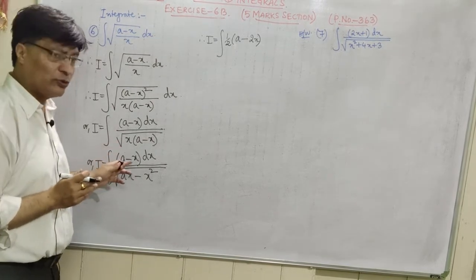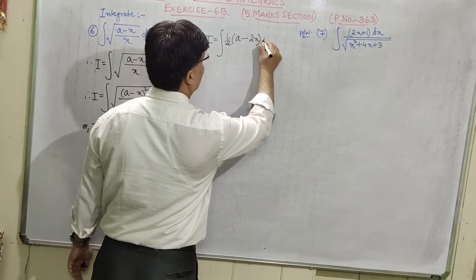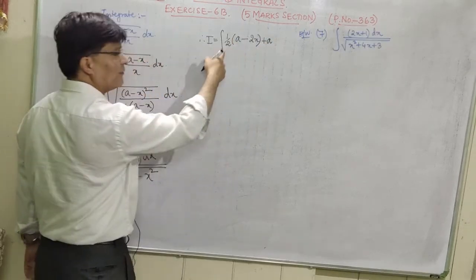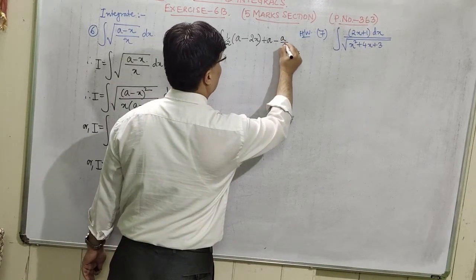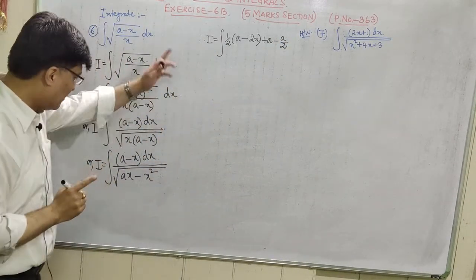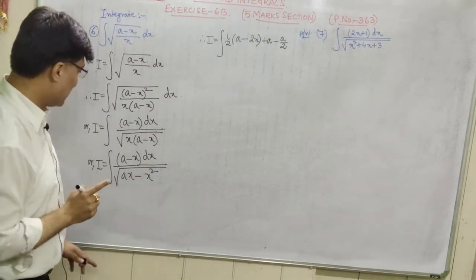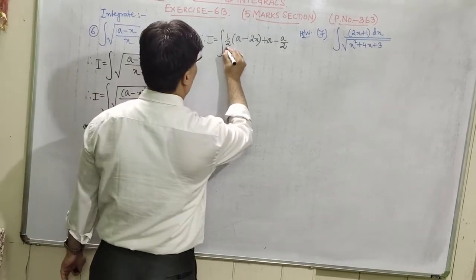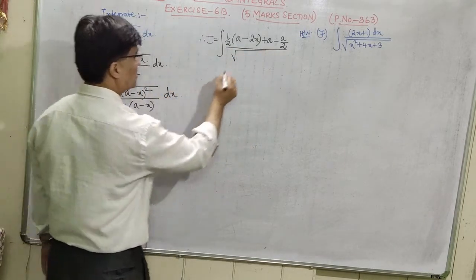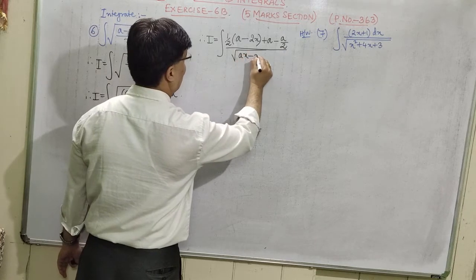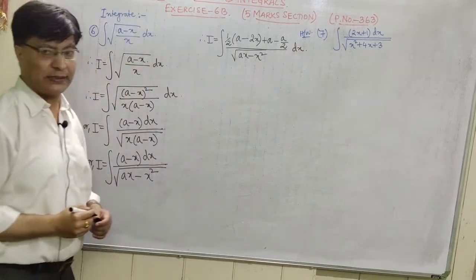Is there a by 2? No. First you write plus a, because plus a is there. First you write plus a, then a by 2 is not here, so you have to write minus a by 2, since a by 2 is not present here. So this whole divided by root over ax minus x square, then we write dx.